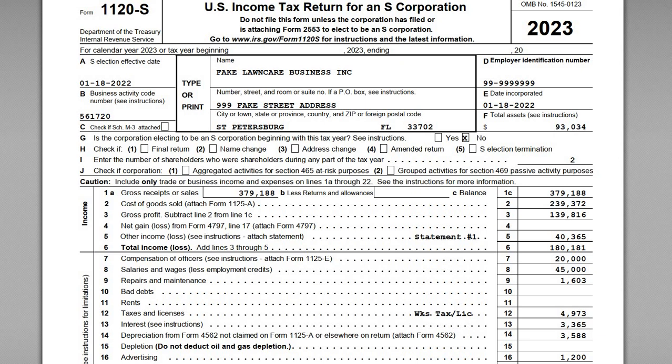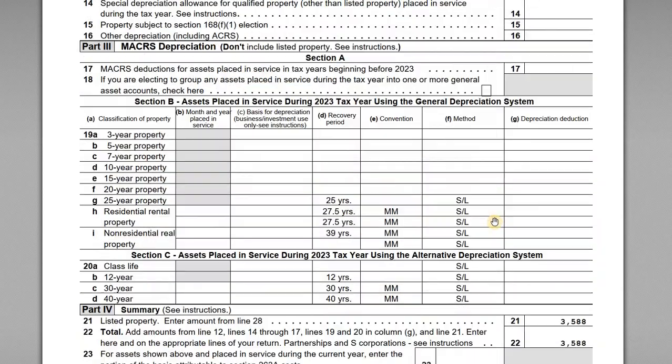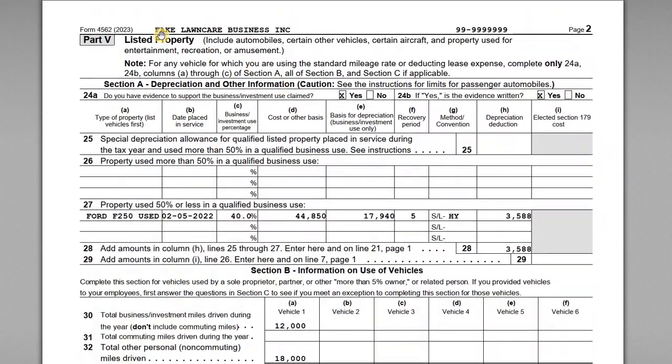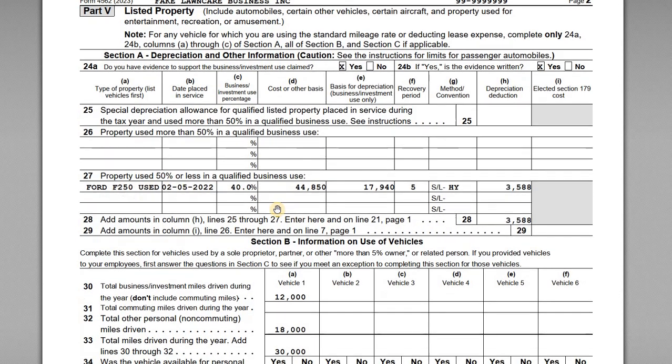So we've got an income inclusion of $40,365. Now the issue is, now that we've got the reversal and that income inclusion, how do we adjust for the depreciation for the current period? Well, we are in Part 5 because we're working with listed property. So we have the Ford F-250. Business use dropped by too much, so we're below 50%. So we have property use 50% or less in a qualified business.